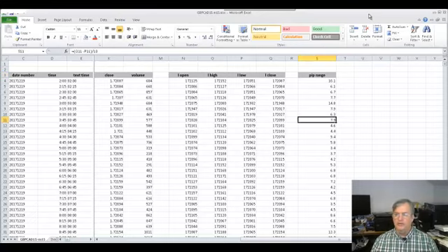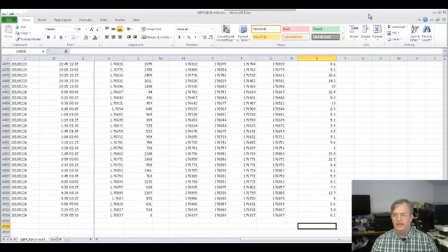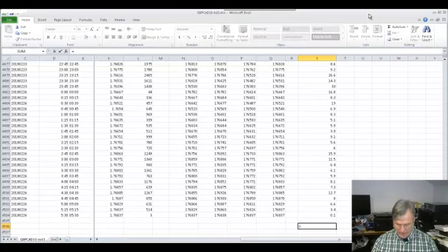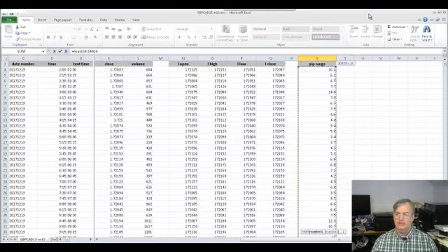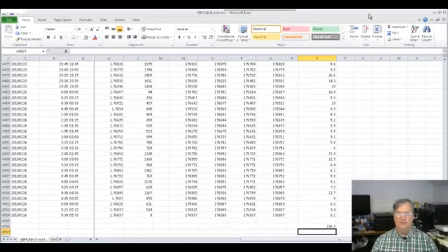Now that we have that, we can come down here to the bottom, and we can do something like equals MAX, so we're looking for the max value, and then I'm going to highlight this range, all 4,501 rows of data, and look what comes up.